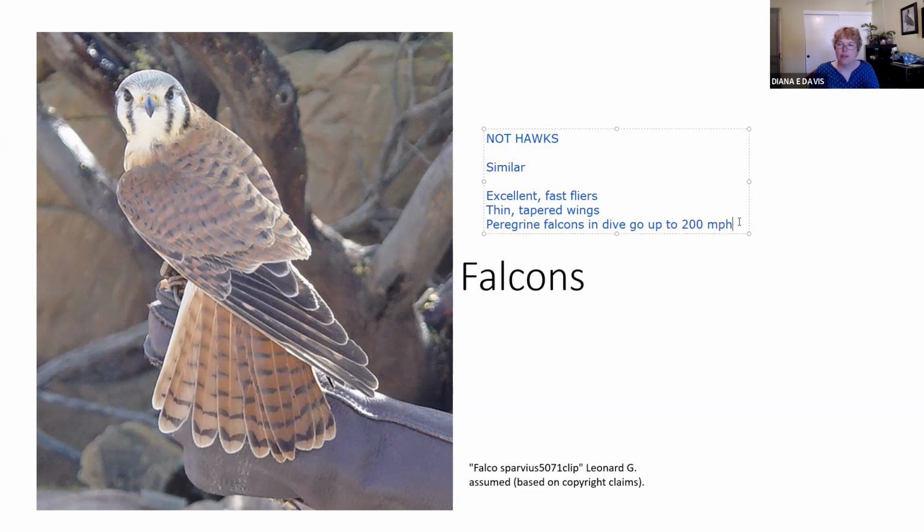Possibly more. It's hard to measure their speed in a full dive. Now, unlike owls, unlike hawks, they may grab prey with their feet, but they kill it with their beak. So they use their beak more than hawks do.